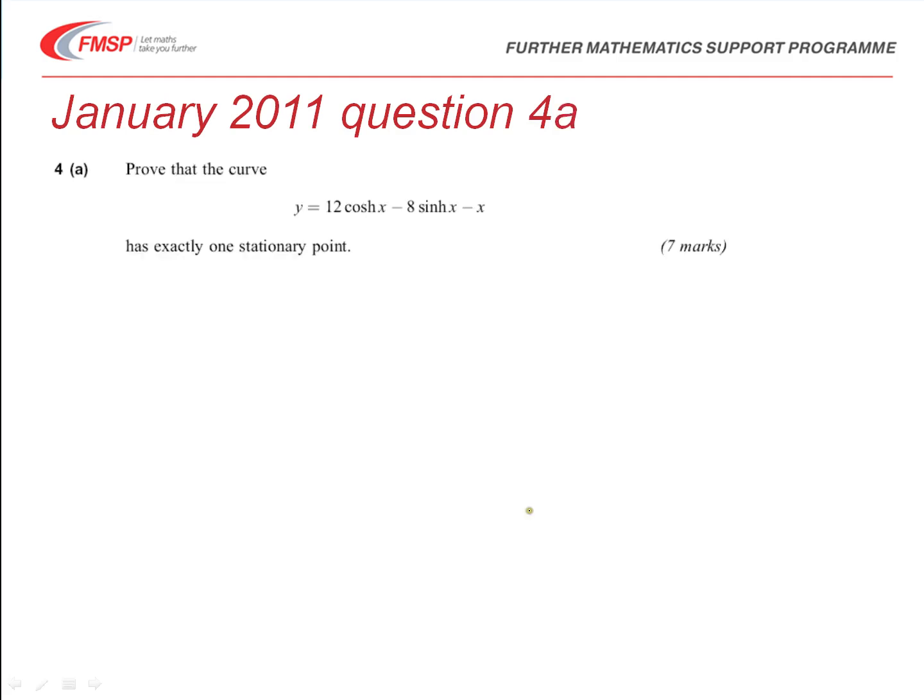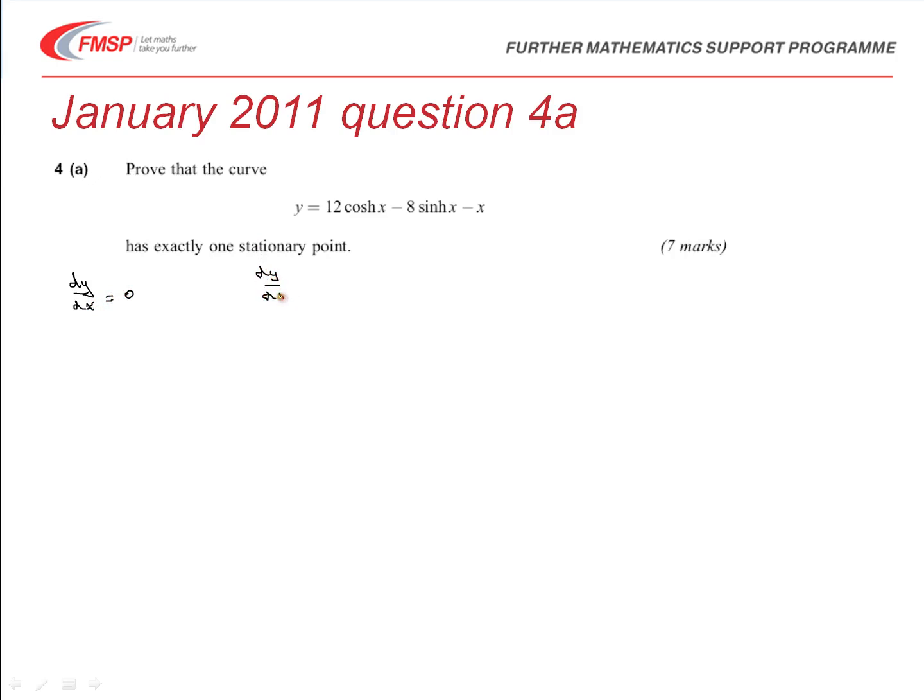Okay, well, let's look at part A of the question then. As we said, to find a stationary point, we need to find the coordinate when dy by dx is equal to 0. So the first thing we need to do is to define dy by dx.